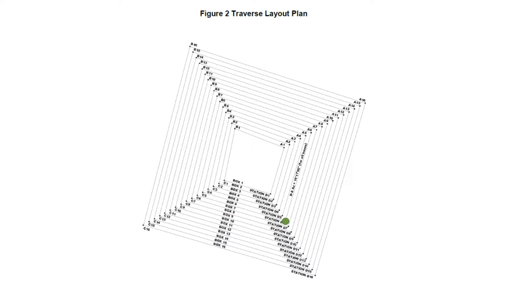Our process is we'll start by setting up our total station over station D and sight a prism on station C. We'll zero set our horizontal rotation here and take a distance measurement. We'll then rotate our total station and sight a prism over station A. We'll read our horizontal rotation and take another distance measurement here.